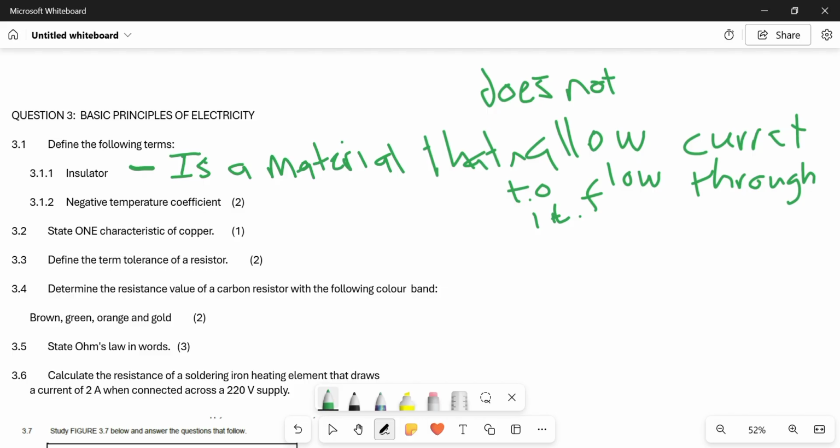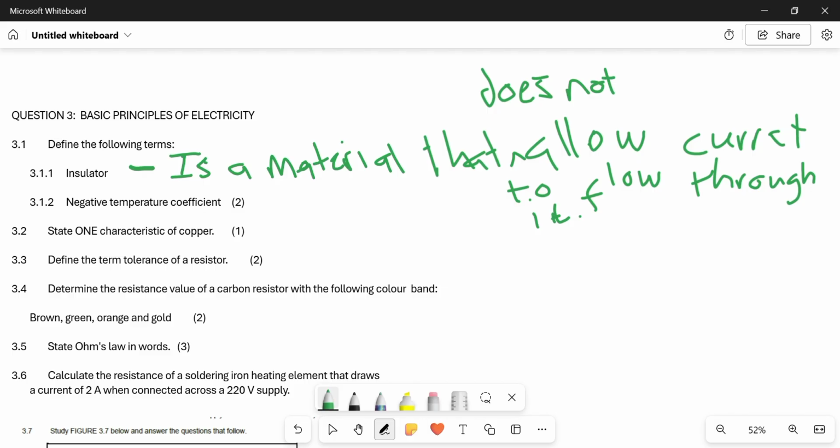A positive coefficient is when the resistance increases when the temperature increases. And the negative coefficient is when the resistance decreases when the temperature increases.